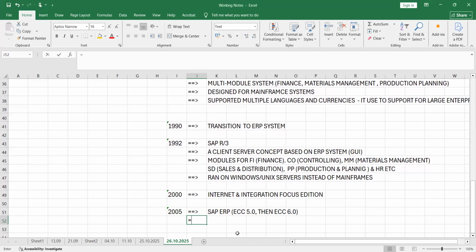And next, what is ECC? ECC stands for ERP Central Component.